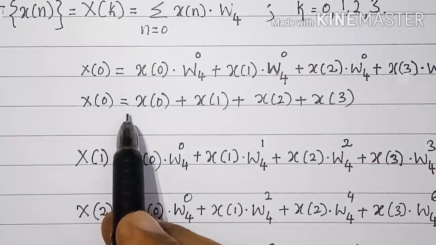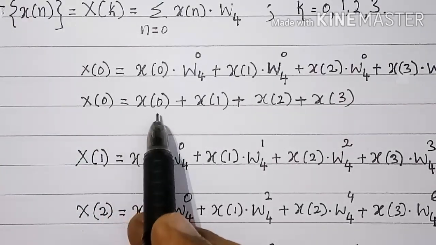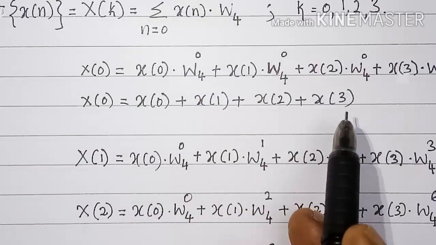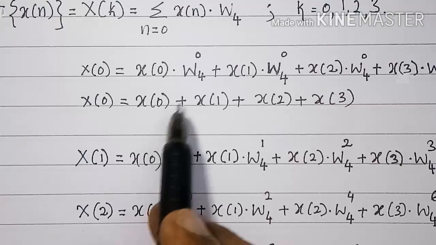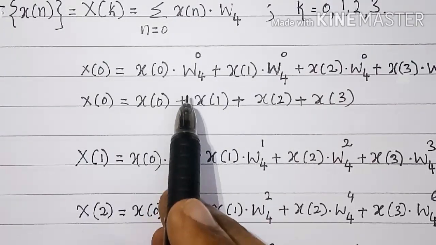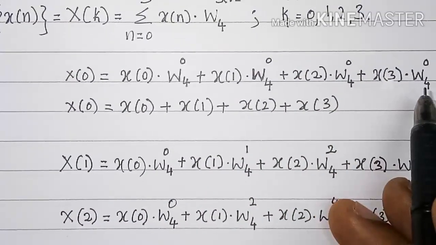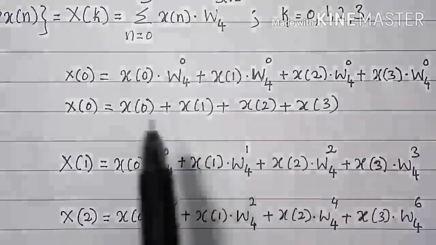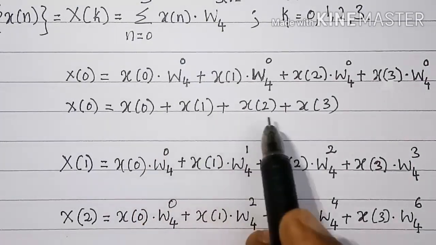In x of 0 the coefficients of the x of n values are 1, because we have W4 raised to 0 as the coefficient for all the x of n values. Hence the first row of the matrix will have all elements as ones.